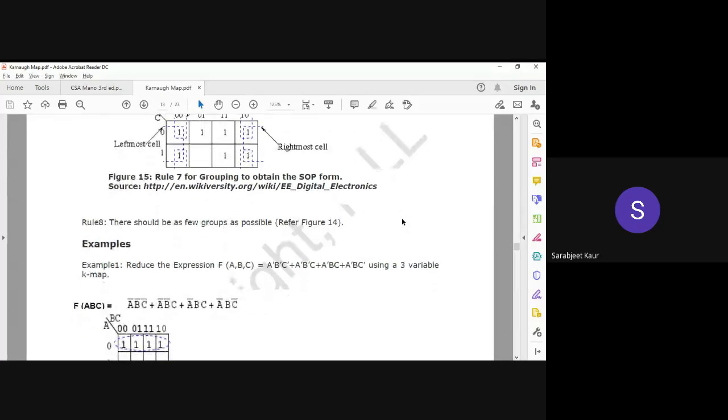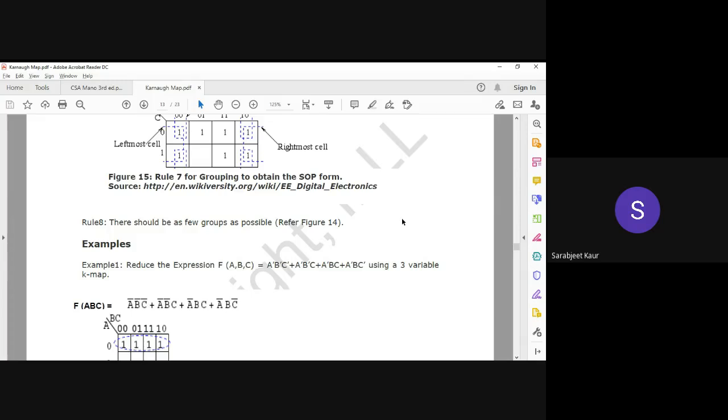Rule number 8, there should be as few groups as possible. Now, it might seem a little off the line for you because we have been stressing that please don't leave even a single one, so make a group to include even a single one.